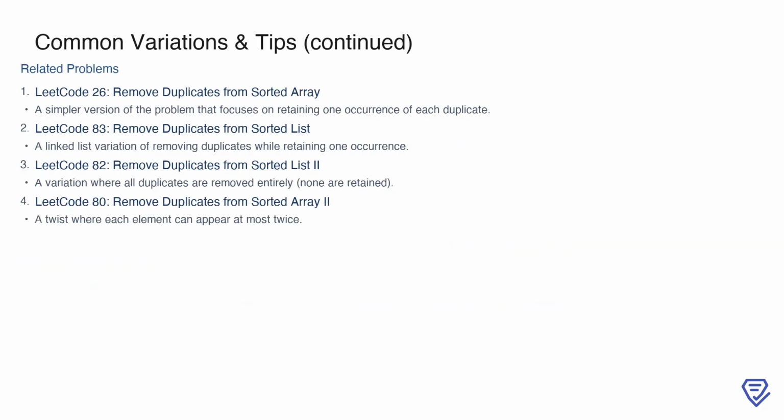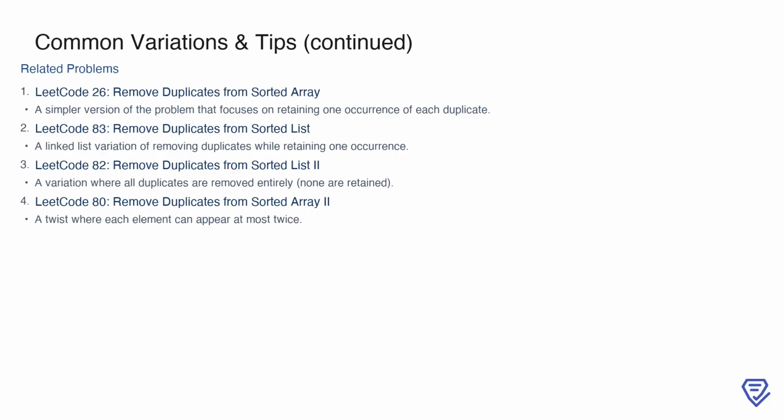This problem is closely related to several others on LeetCode, which can help deepen your understanding of the concepts involved. For instance, LeetCode 26, Remove Duplicates from Sorted Array, is a simpler version where the goal is to retain one occurrence of each duplicate. Similarly, LeetCode 83, Remove Duplicates from Sorted List, tackles a linked list variation with the same objective of keeping one occurrence.